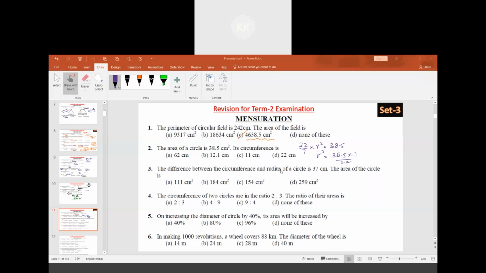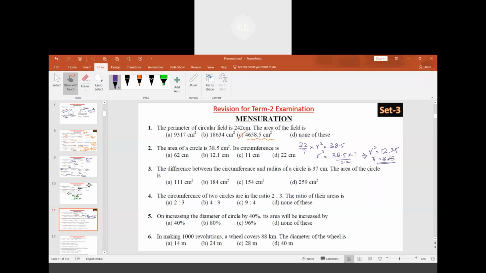Is it a square number? When we multiply, we get 12.25. It is the square of 3.5. Radius is 3.5, the square root of 12.25.